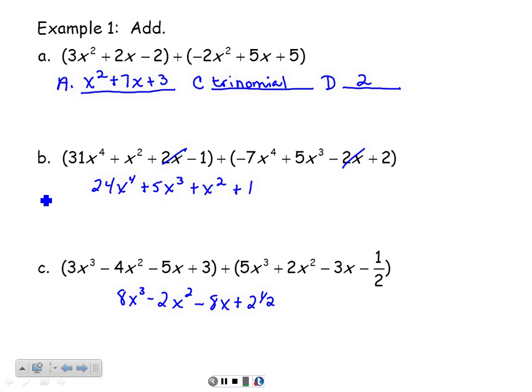And so the classification, there's 4 terms, so that's going to be polynomial. And the degree is going to be the highest degree term, which is 4. For letter C, again, you have a polynomial. And the degree for this one is going to be 3.